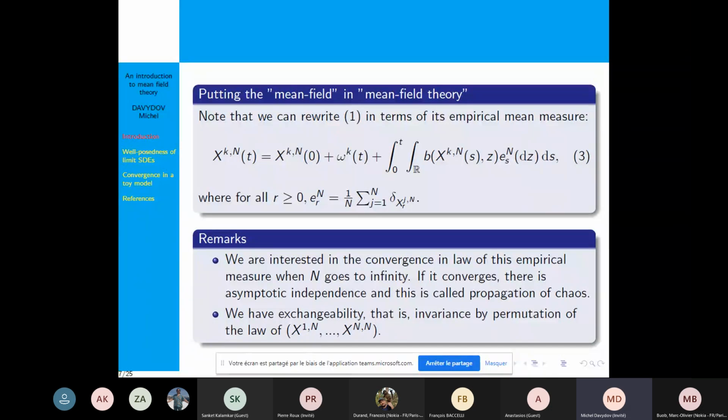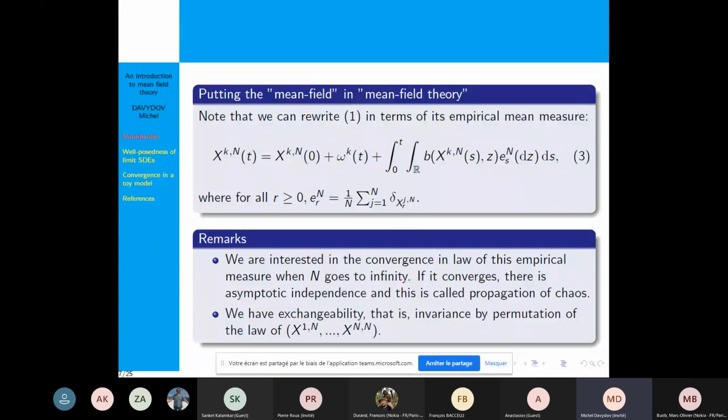Another interesting point that is seen when you write it in terms of its empirical measure is that the law of the random vector of all the state variables is invariant by permutation. Because the behavior of all the particles at time t can be written in terms of the behavior of its empirical measure, and this is symmetrical in all the particles of the system, you have exchangeability.